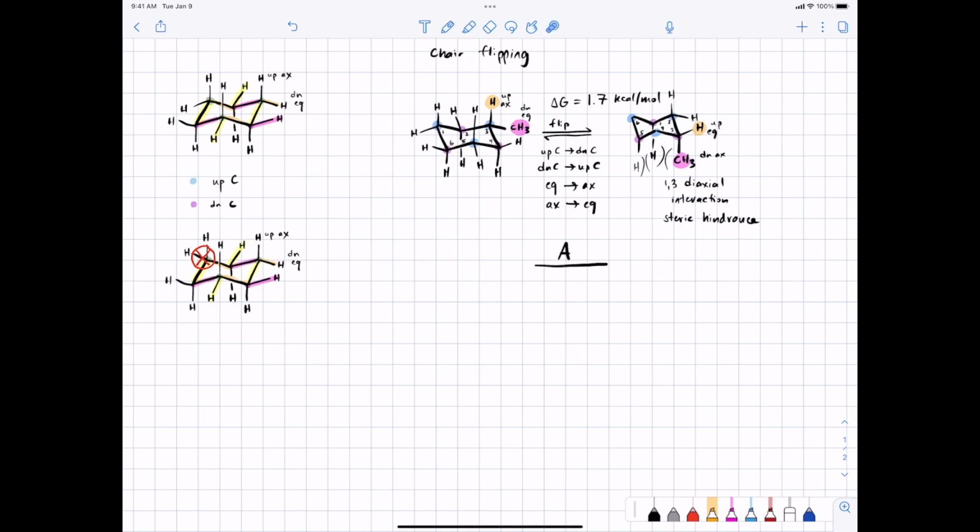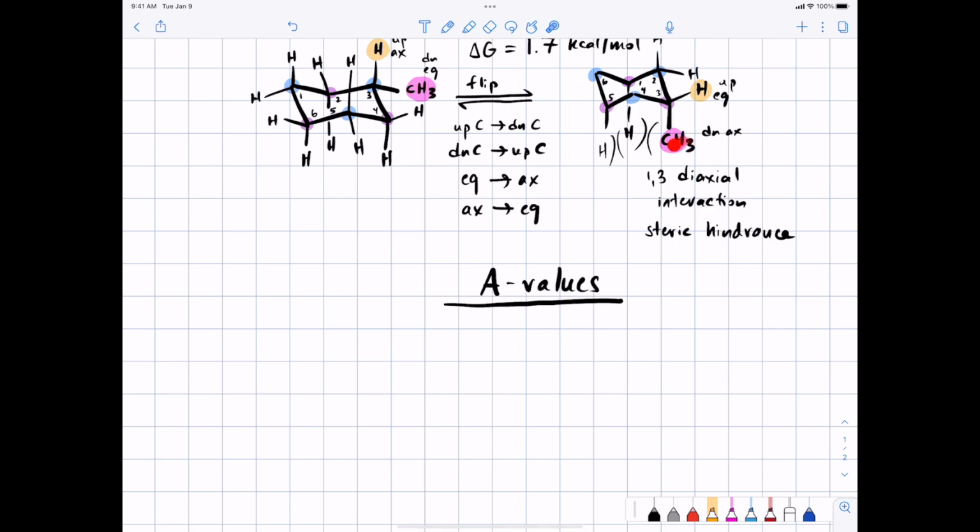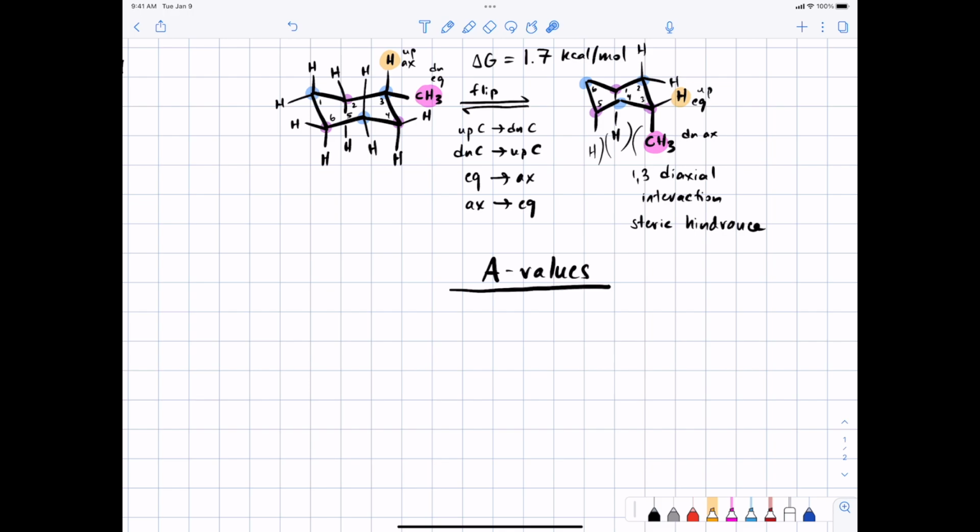These free energy values are sometimes called A values because they come from the axial versus equatorial conformations in a cyclohexane ring. The squiggly line here represents the rest of the ring to which the OH group is attached, and its A value is about 1 kilocalorie per mole.